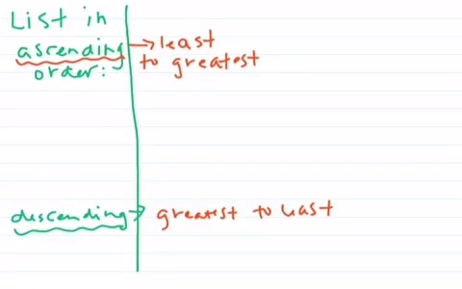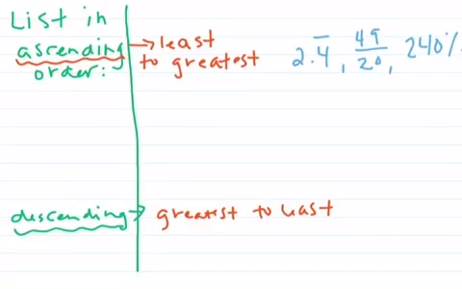Okay, so if I gave you the repeating decimal using that bar notation of 2.4, I gave you the fraction 49 over 20, and I gave you the percent 240%. And we need to list these in ascending order.